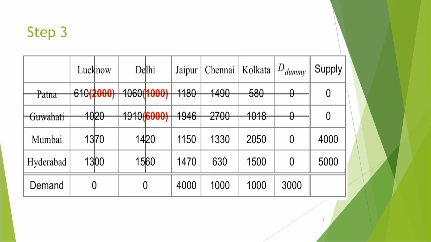What I suggested in my previous slide is that it is better that you strike off only 1, so that in the remaining you can just put 0, but he has done that one.